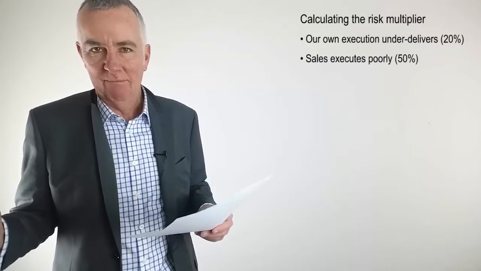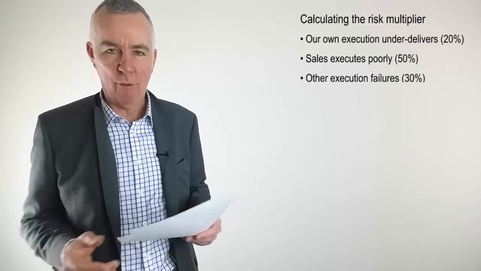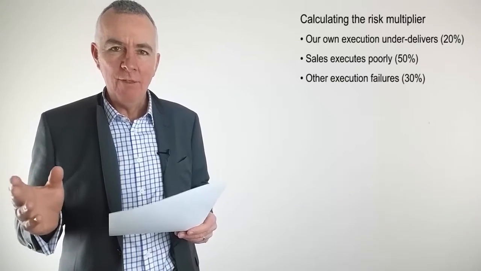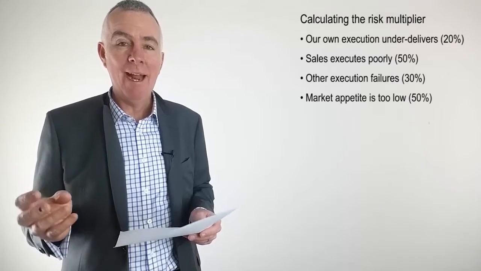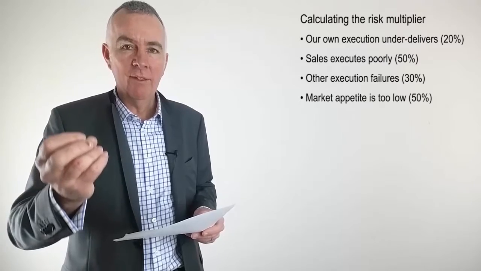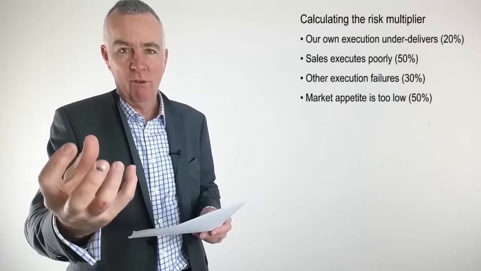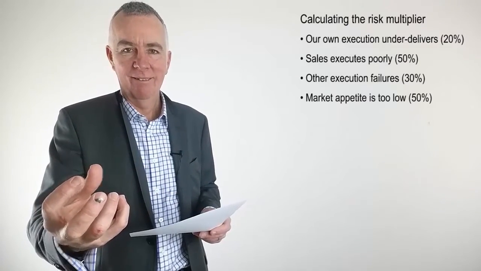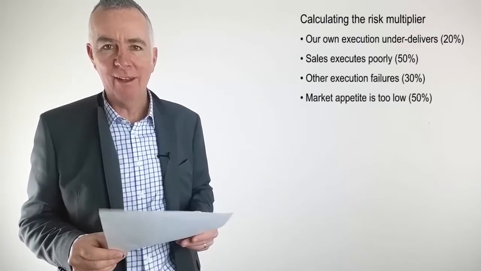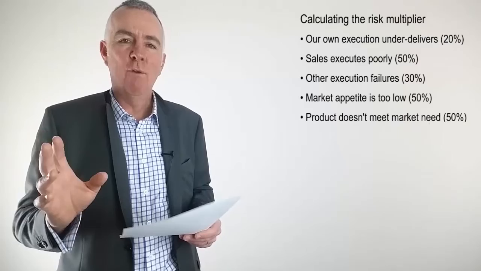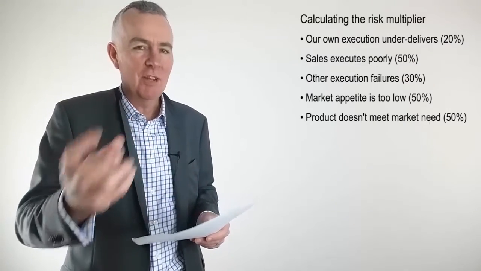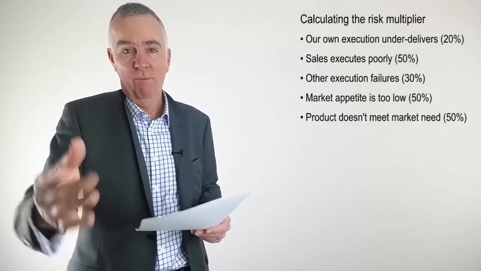Next, just other things that I haven't thought about. Give that another 30%. Then the next risk is that the market appetite is just too low. No matter how good the product or service is, the market's just not there for a product or service like that. Let's give that another 50%, let's say, and another 50%, the final 50% on the risks for the market is there, but they just don't like your product or service, or your client's product or service.